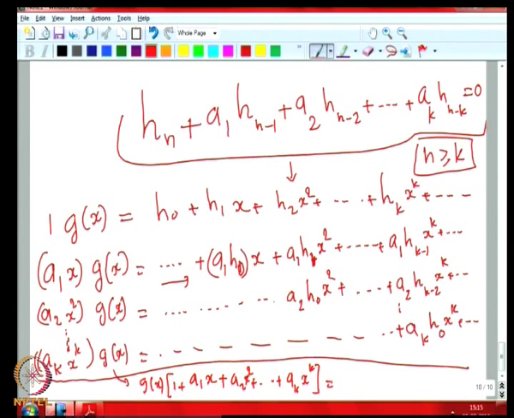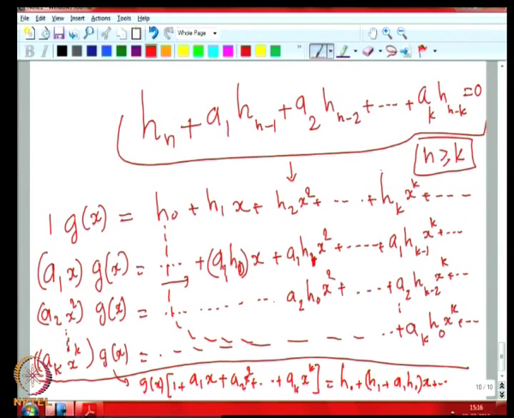This will be equal to what? Here, when you sum, only h0 will come, and then h1 plus a1 times h0 into x will come, and so on up to where?